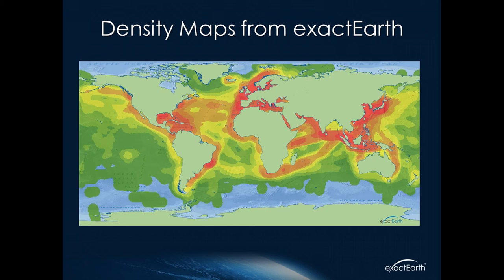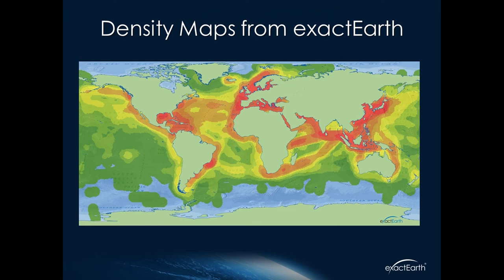Okay. Next question said, you did the demonstration using a GIS program. They wanted to know if they need a GIS program in order to use density maps. That's actually quite a good question. The answer is it depends.